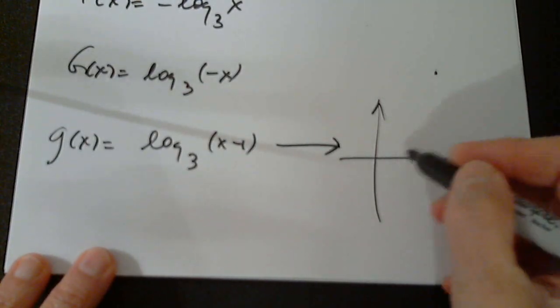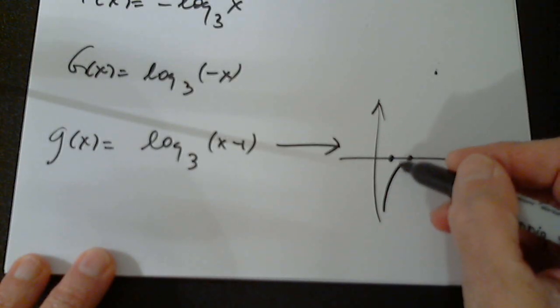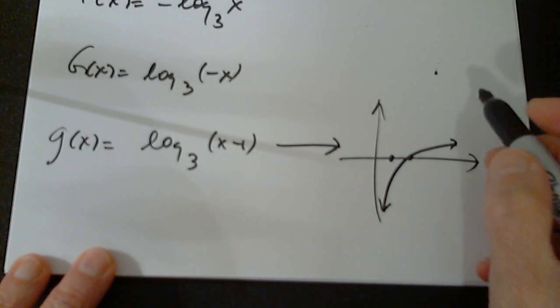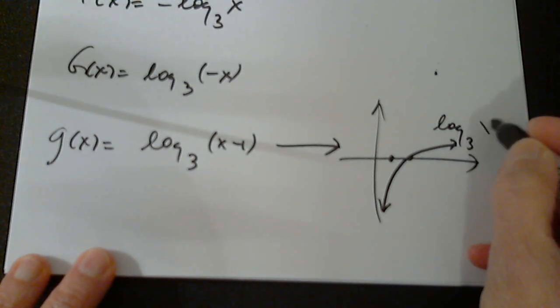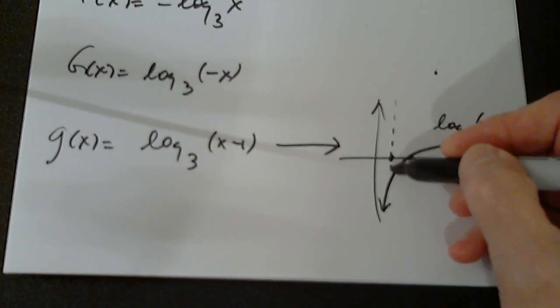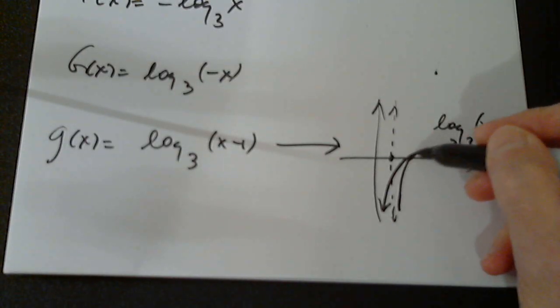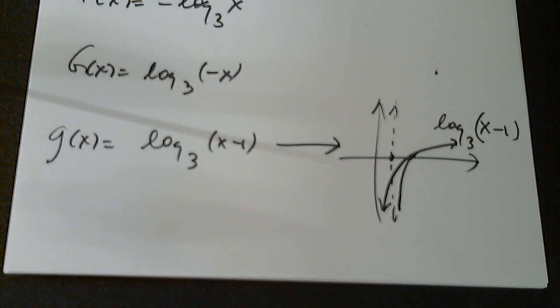So this graph will be from 1 moving to 2. So this is log base 3 of x minus 1, a shift of 1 to the right. And I have to shift the vertical asymptote first. And I have to correct my graph. That's what rushing does.